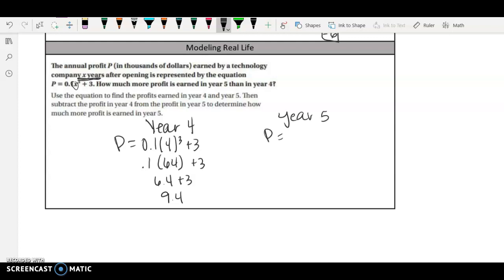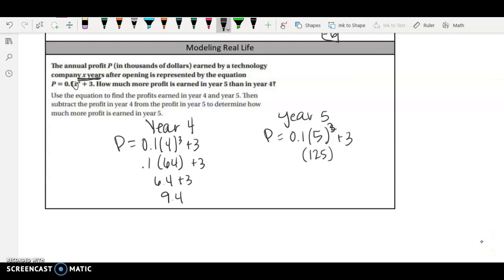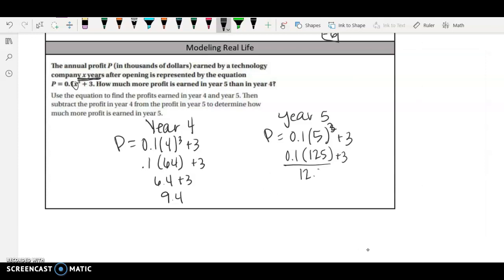So we have P equals 1/10 times 5 to the third power plus 3. So 5 to the third power is 125 times 1/10 plus 3. So 125 times 1/10 is 12.5 plus 3, and we get 15.5.